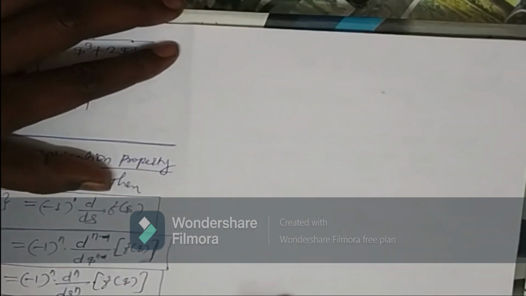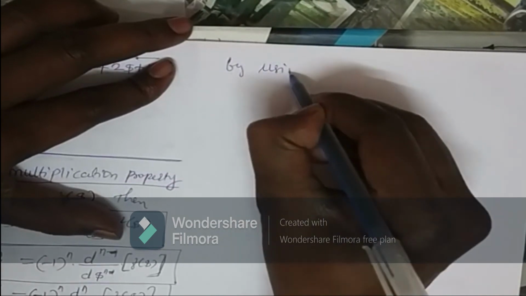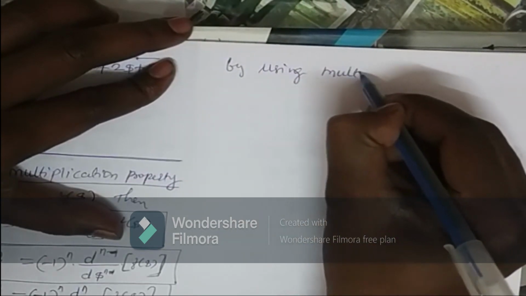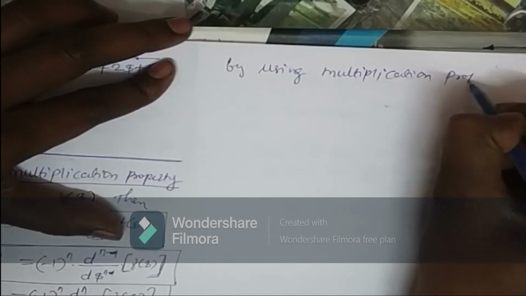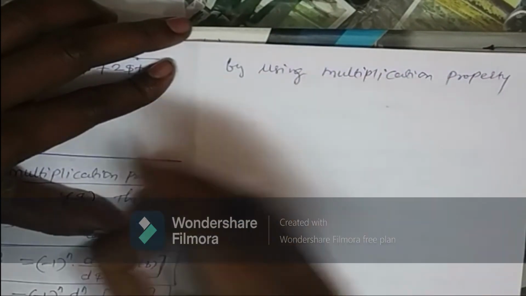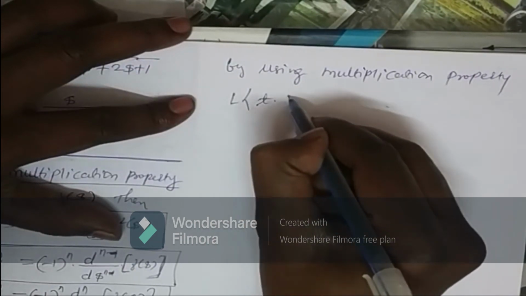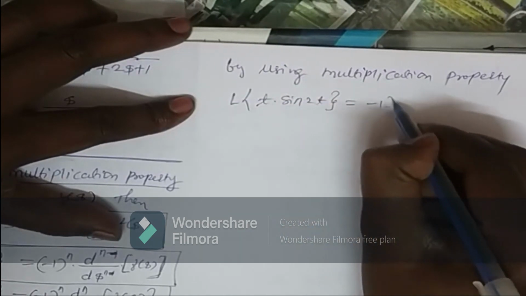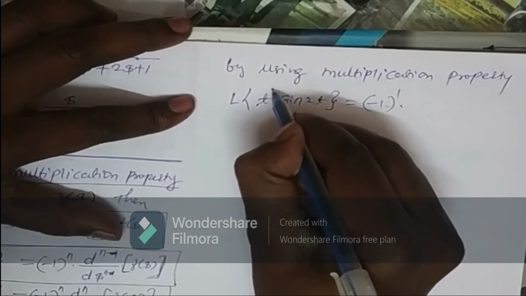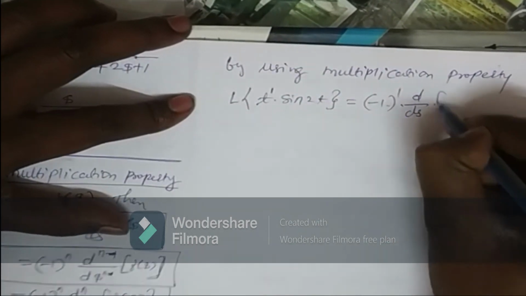Now by using the multiplication property, the Laplace transform of t into sin 2t is equal to (-1)^1, that is, here the power of t is 1, so that's why 1, d/ds of F(s).